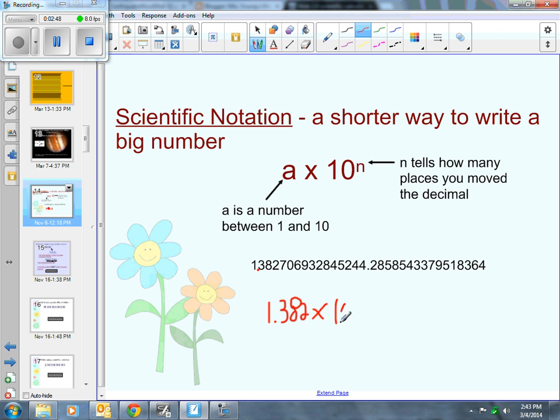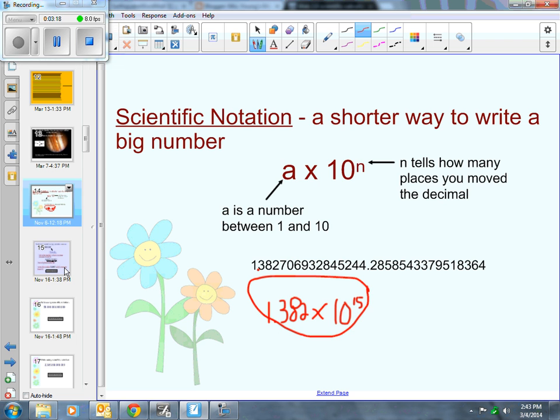Multiplied by 10 to the nth power. How many decimal places did I have to move? Well, I had to move 1, 2, 3, 4, 5, 6, 7, 8, 9, 10, 11, 12, 13, 14, 15 times. All right, so an easier, shorter way of writing that astronomically huge number of Jupiter's volume is to write it in this very simple manner.